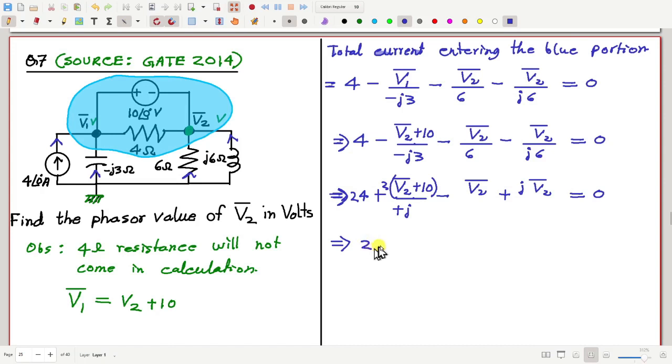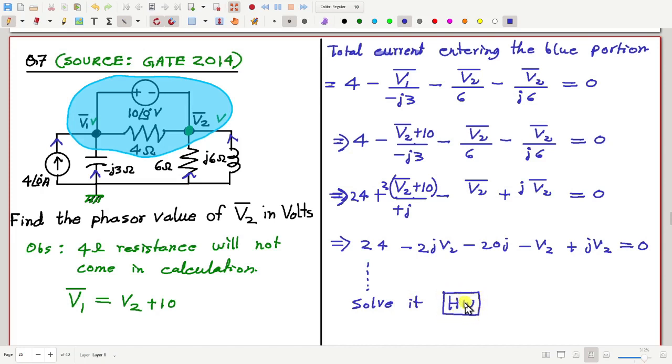So we have 24, then minus 2jV2, not plus, minus 20j, minus V2 plus jV2 equal to 0. So I think you can solve it. Solve this as homework. Fine?